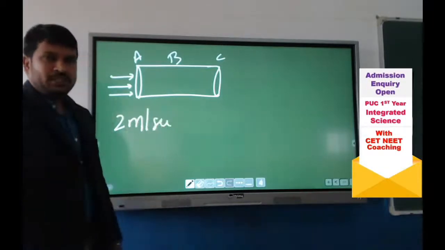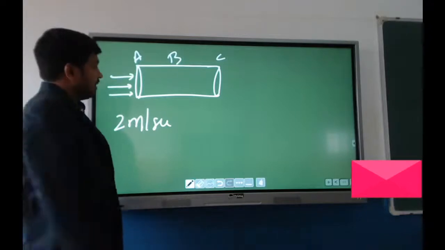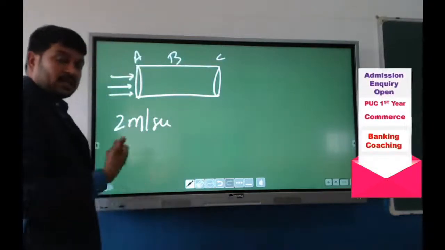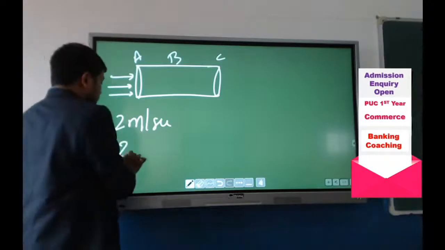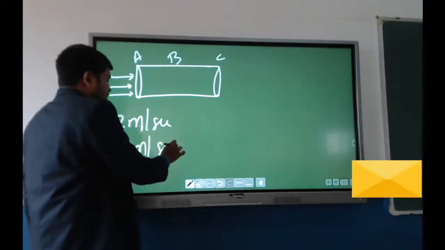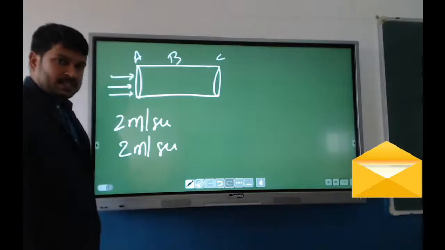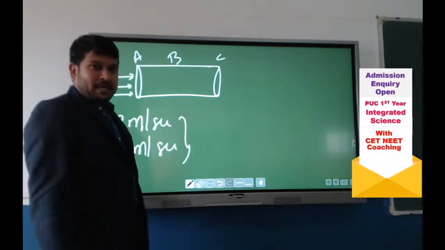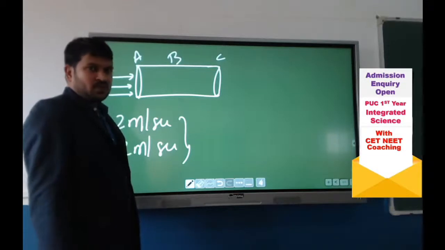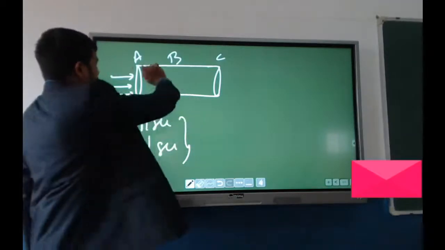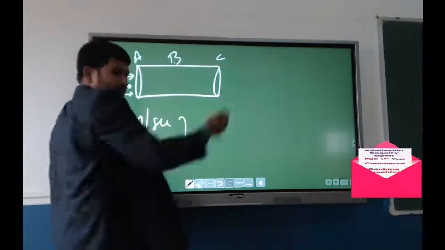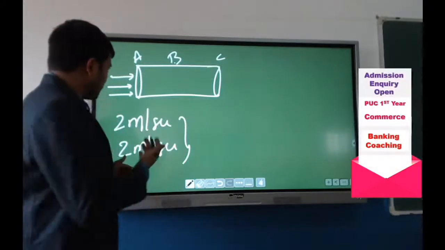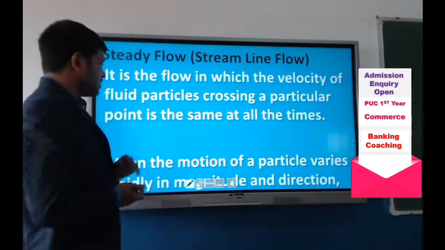Then what about point B to point C? Steady means the same, continuous. Again it flows at 2 meters per second. Such a flow is known as streamline or steady flow. At every point, A to B, B to C, as well as C to D, the velocity is the same. I hope that is clear.